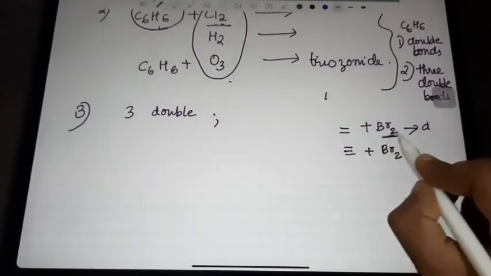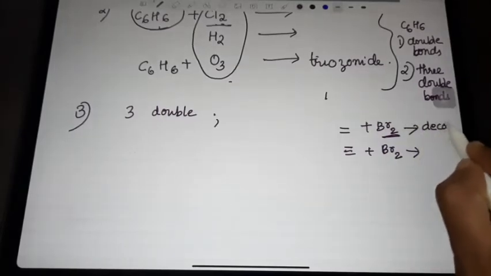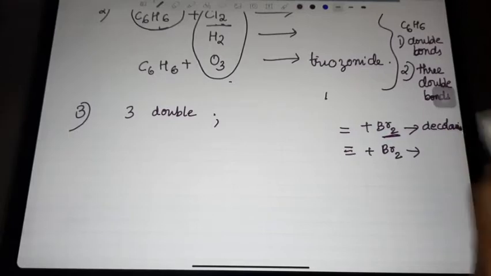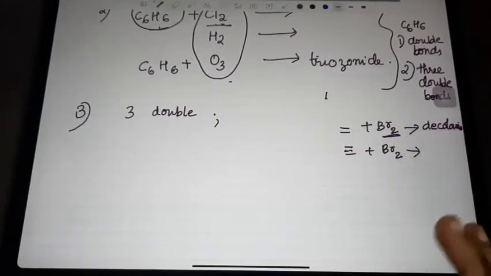That's why the orange red color of the bromine solution is decolorized immediately. That is the test for unsaturation we studied. If there is a double bond or triple bond, when we add bromine water or bromine in CCl4, there is an immediate decolorization, which indicates the compound contains a double or triple bond.